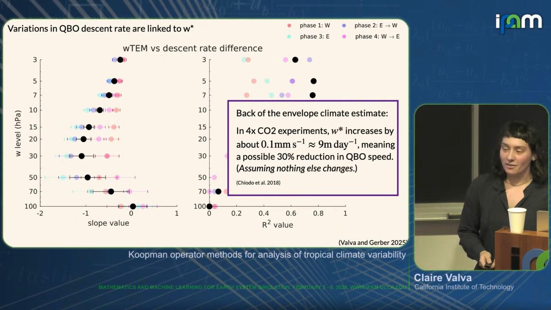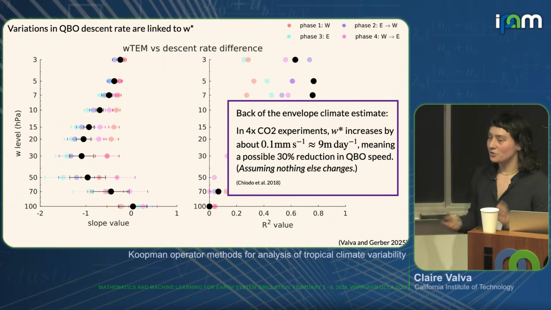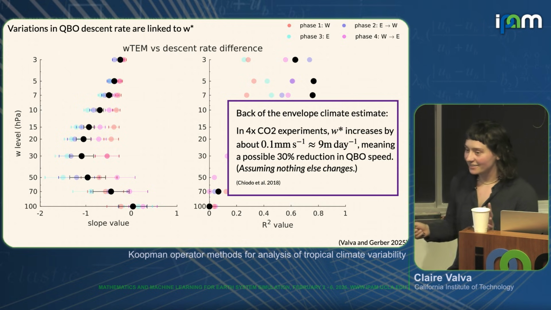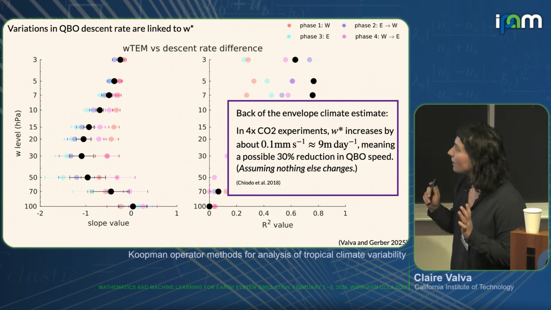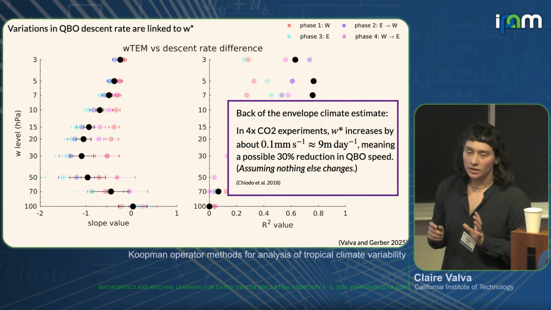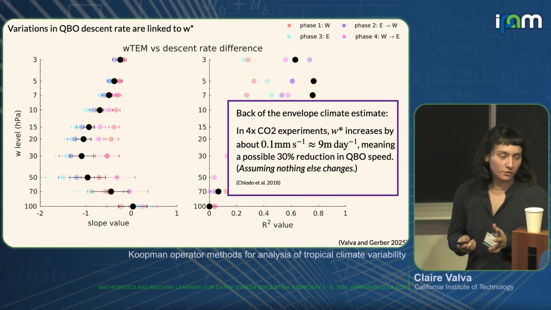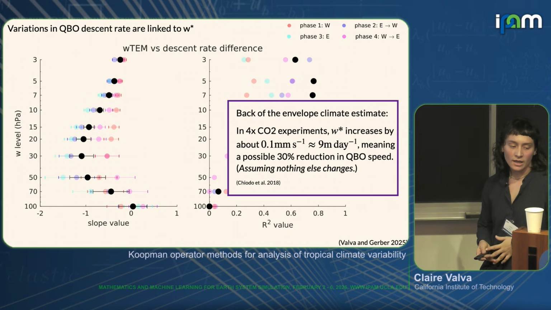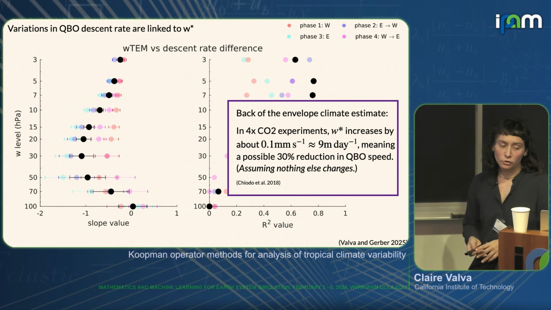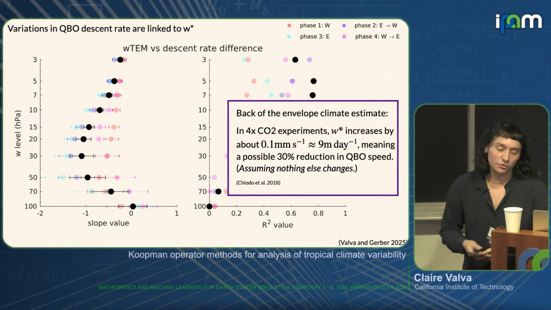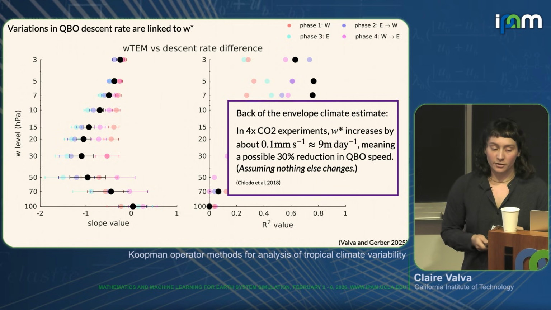We have a fun little back of the envelope climate estimate, where we assume linear regressions are flawless and nothing else changes: in 4 times CO2 experiments, the upwelling increases by about 9 meters per day. That's approximately a 30% reduction in QBO speed, again assuming nothing else changes.